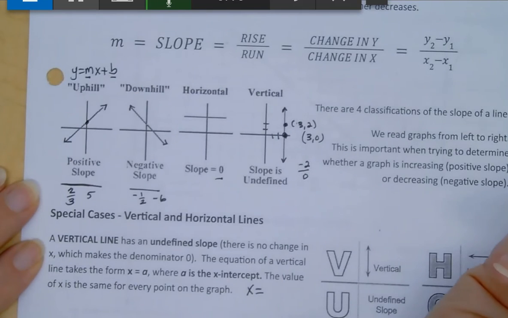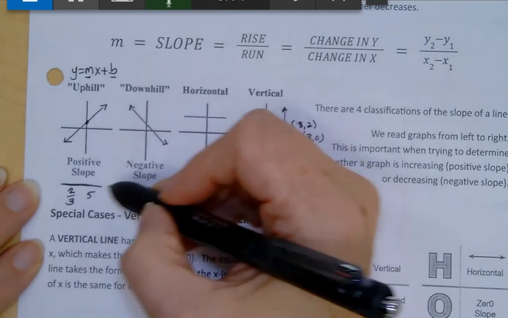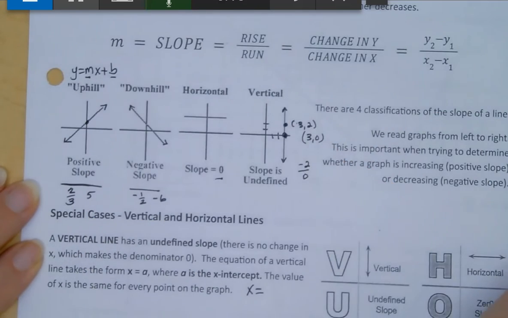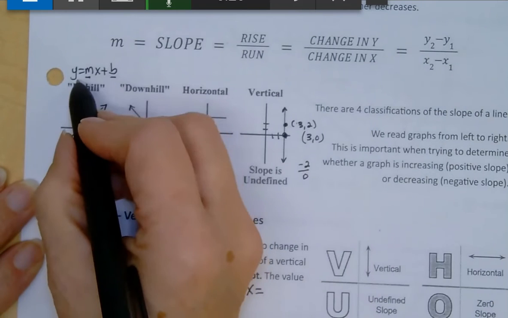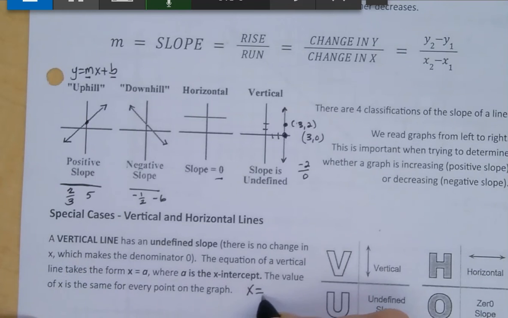That is my y-intercept. If it's a positive slope, m is a positive number, and if it's a negative slope, m is just a negative number. Most of the time the equation of a line looks like y equals 2/3 x plus 1 or something like that. But if I have a vertical line, I'm just going to have x equals some number.